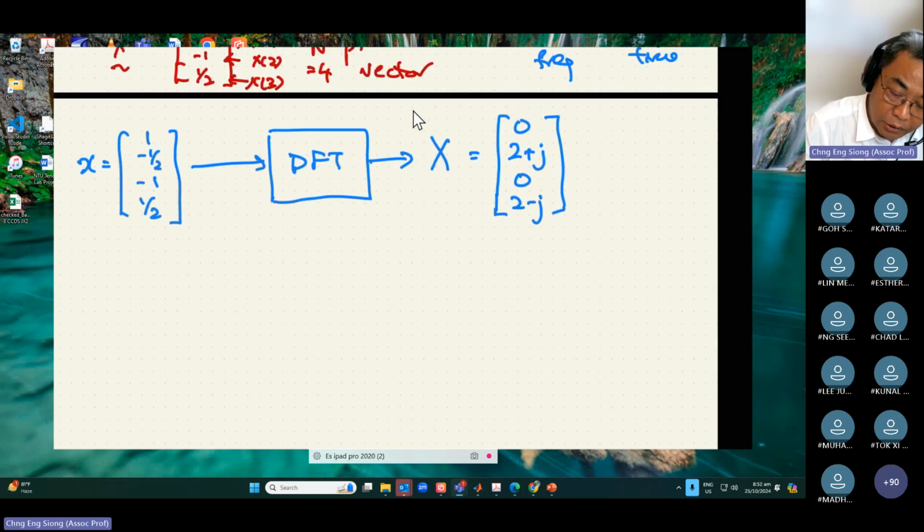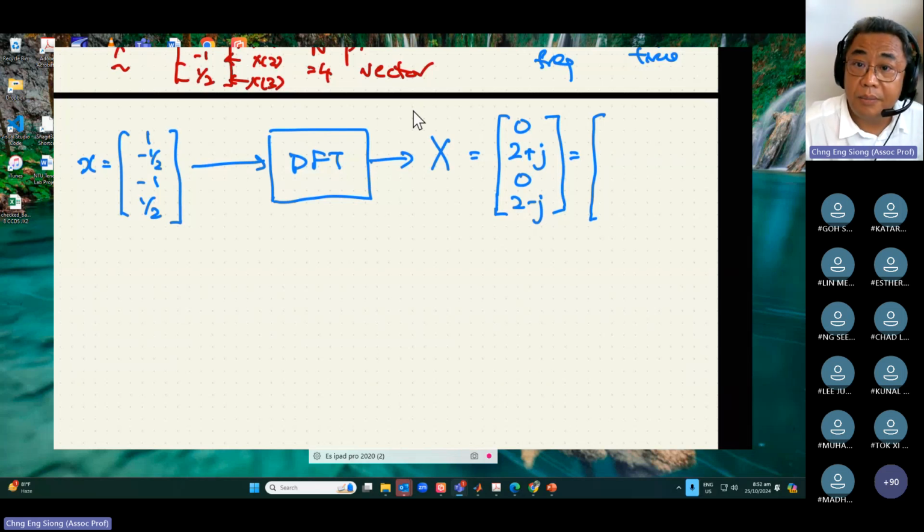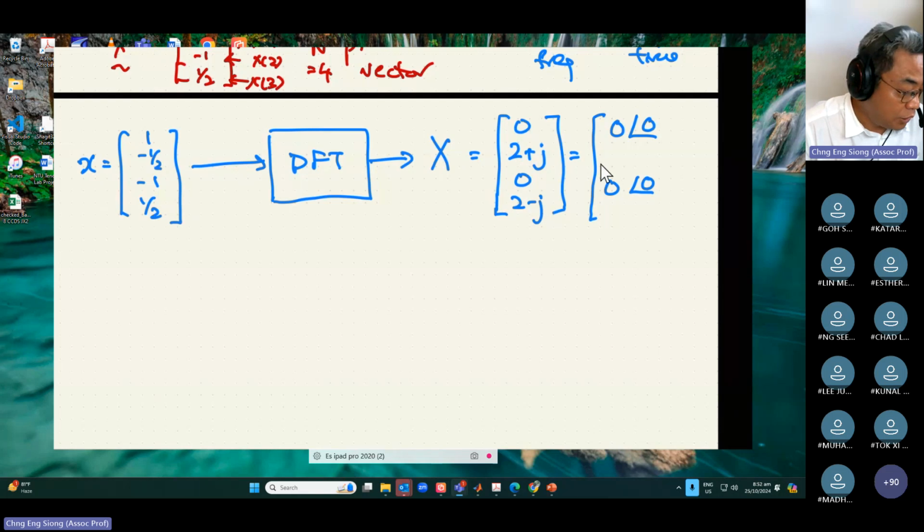The other representation, of course, we prefer is the magnitude and phase. Here, the magnitude is 0, real is 0 and imaginary is 0, so it's 0 angle 0 for these two elements. And 2 plus j, you can convert, is 2.23 angle 0.46. And this is nice.